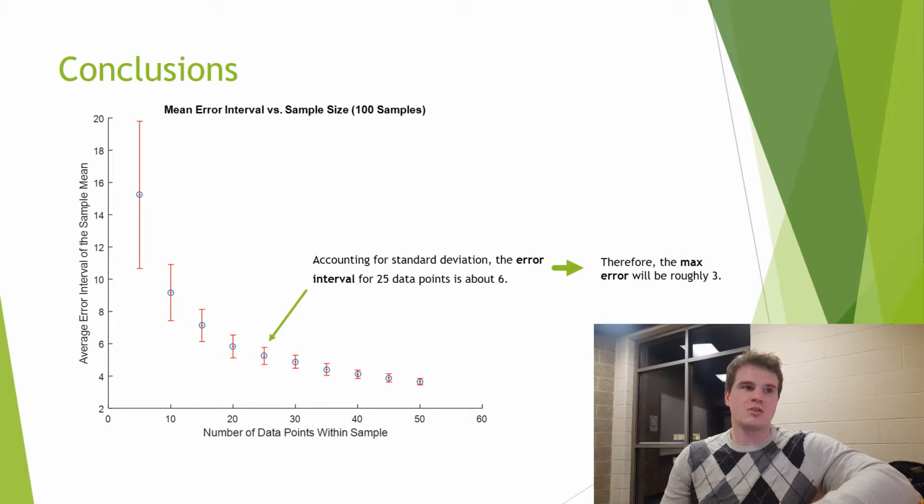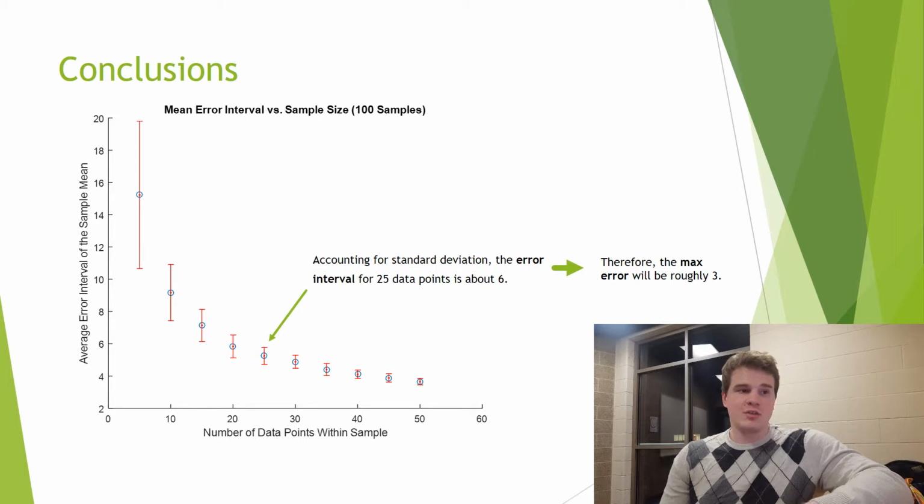So going back to our plot of mean error interval versus sample size, we can find the number of samples required to get the error desired by the manufacturer. It can be noted that the max error is about half of the error interval when we're talking about these statistics. So we're looking for a data point with an error interval of about 6.